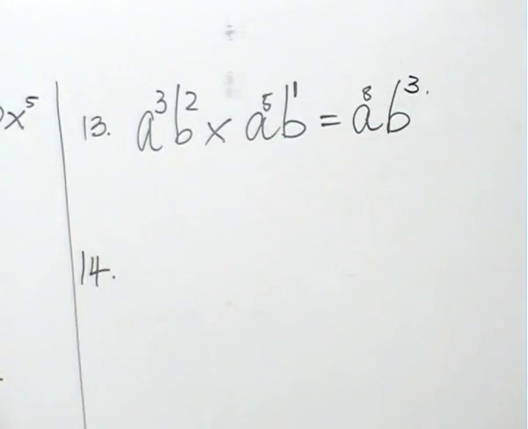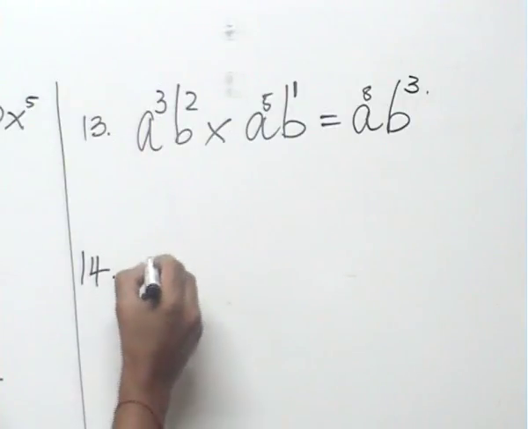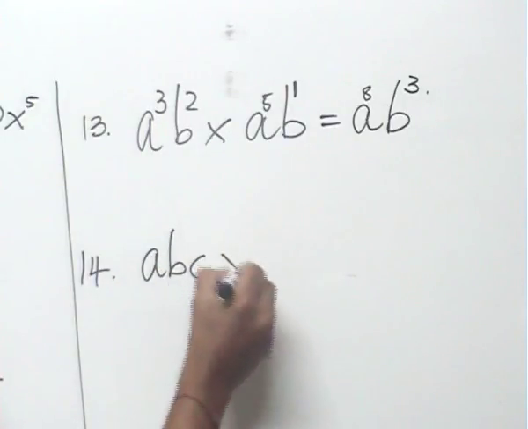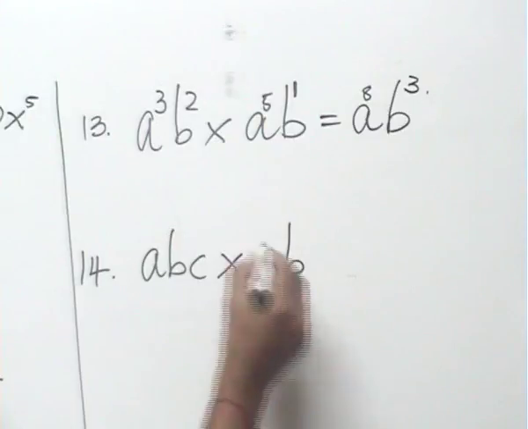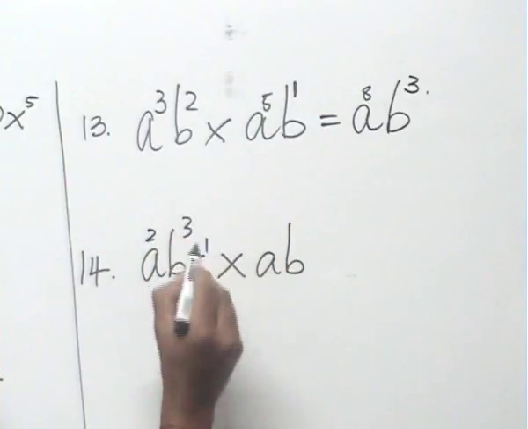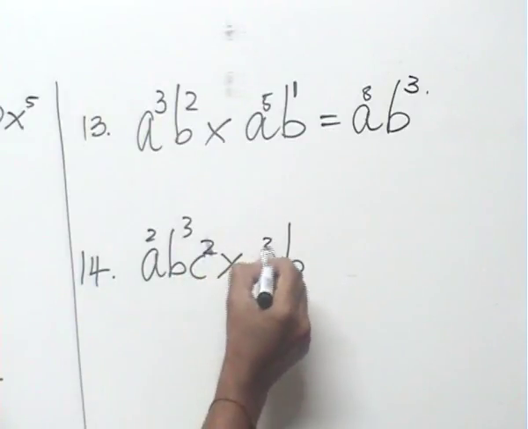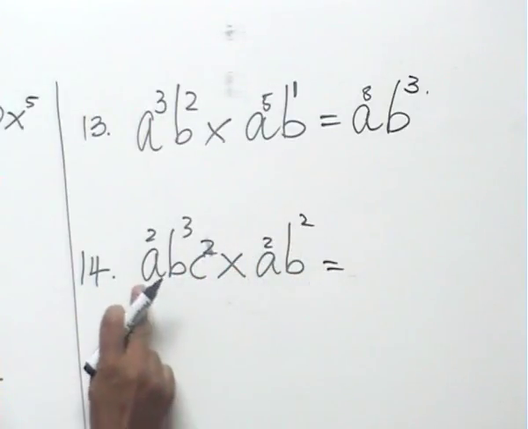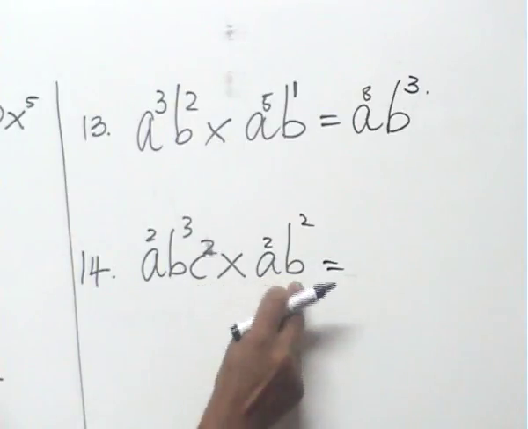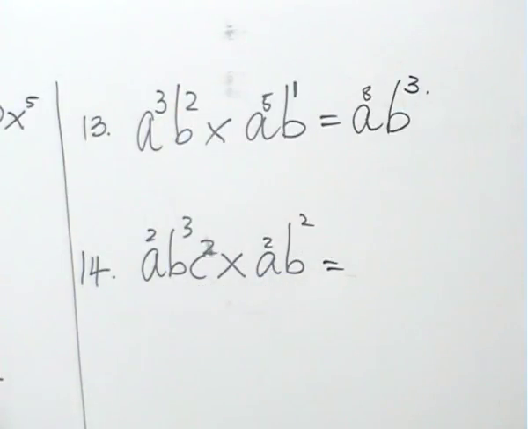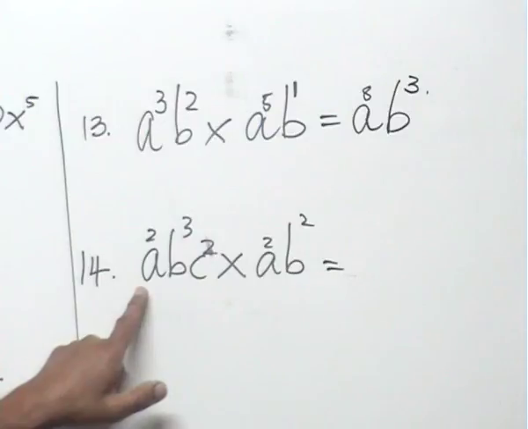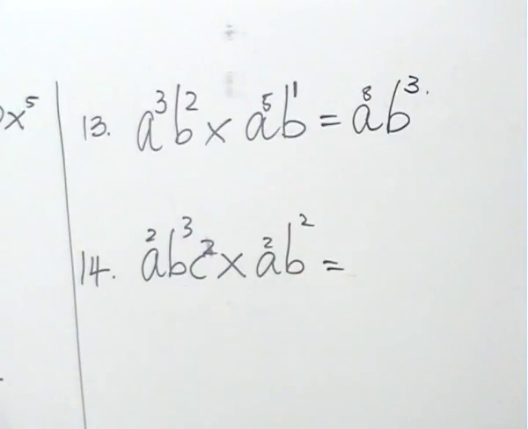Now, let me give you one. You will say, the teacher trapped us with this, but we're not trapping you. You just have to know your rules. So now you've got A, B, C, A, B. So you feel you're trapped. No, you're not trapped. There are 3 bases here.